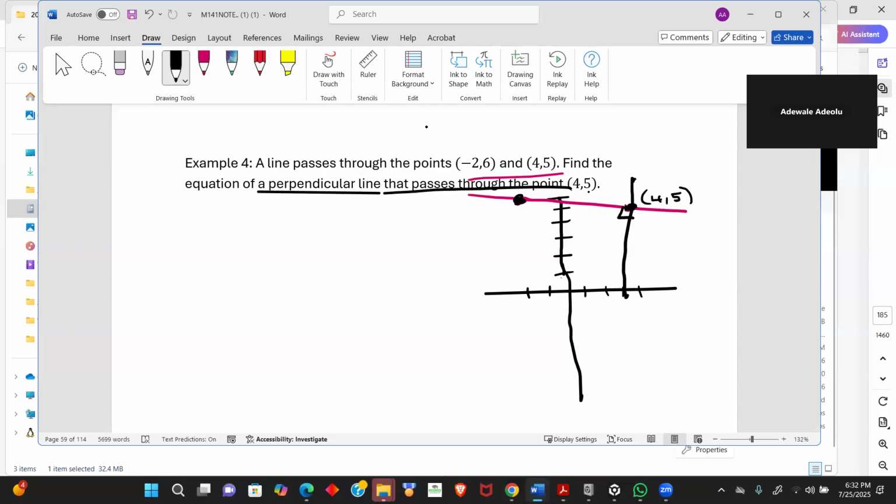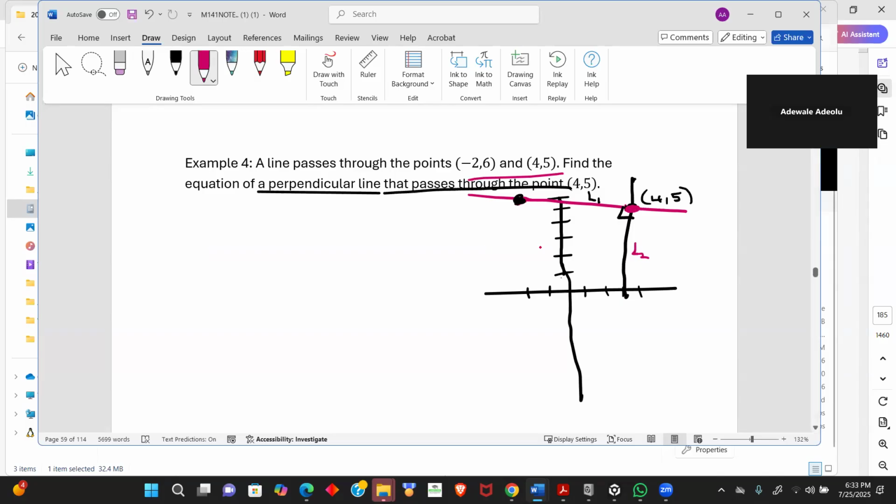Let's call this line L1. Then we are looking for L2 that passes through that point, and it is perpendicular to L1. Does that make sense? Well, I hope it makes sense.